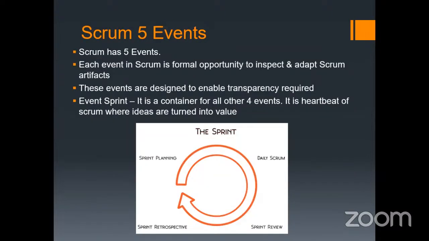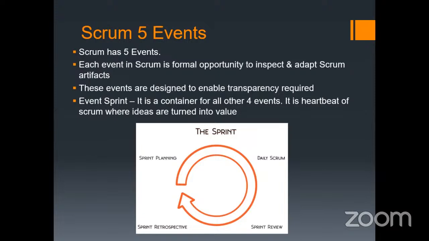Now there are 5 events in Scrum. There is one event that is called the sprint, and this is the container of all the other 4 events. And the other 4 events are: the first is sprint planning, another one is the daily scrum, then the sprint review, and then the sprint retrospective. These are the 5 Scrum events. And for what purpose are these 5 events given?